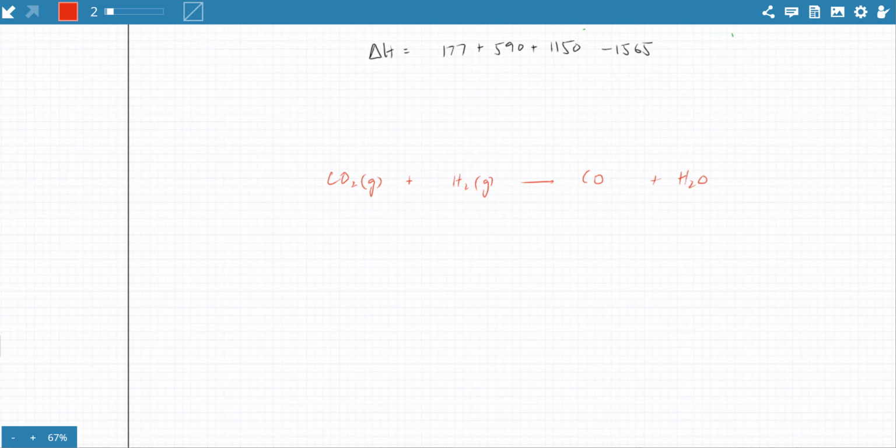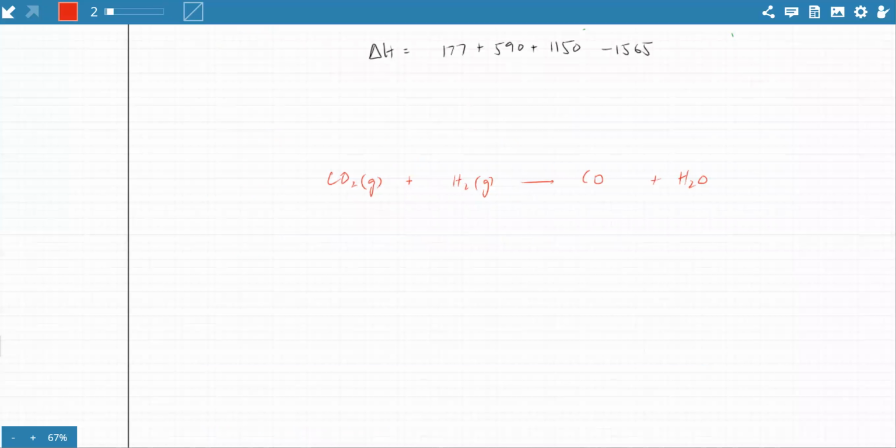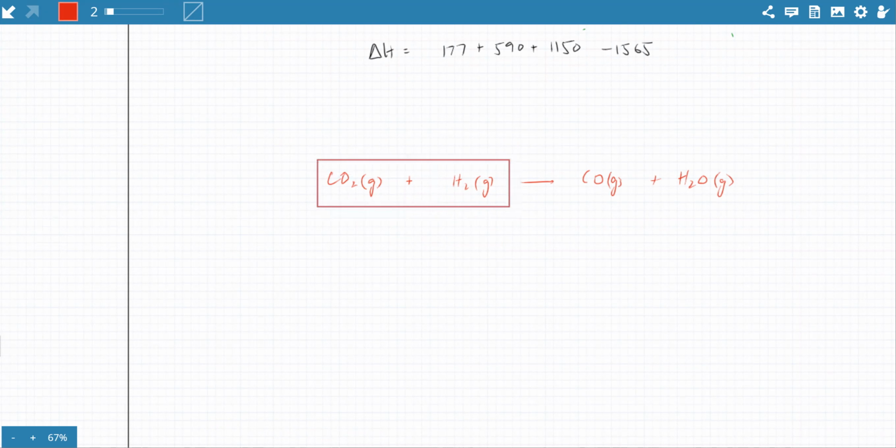Let me just have a look. All of them are gases, right? So I want to start at this point and I want to end at this point.